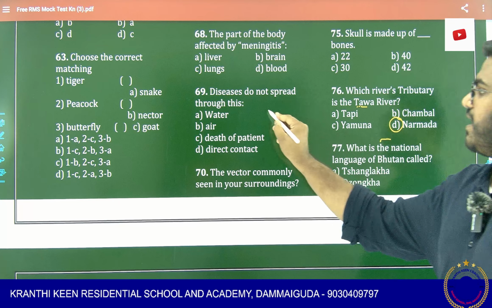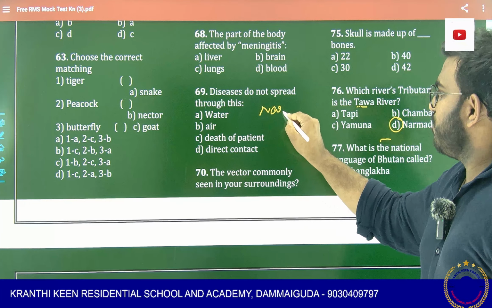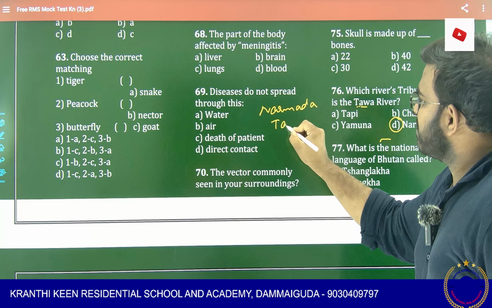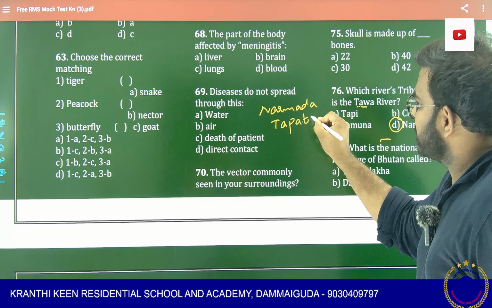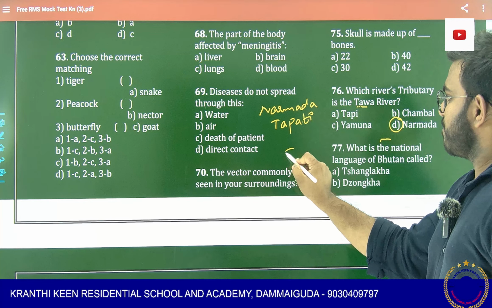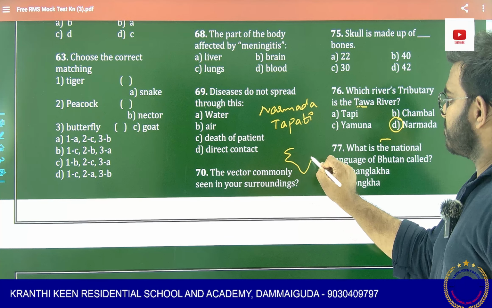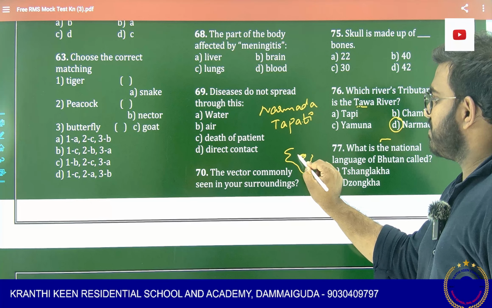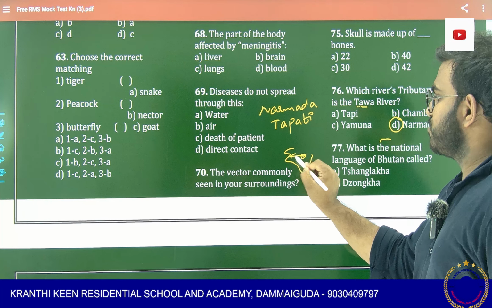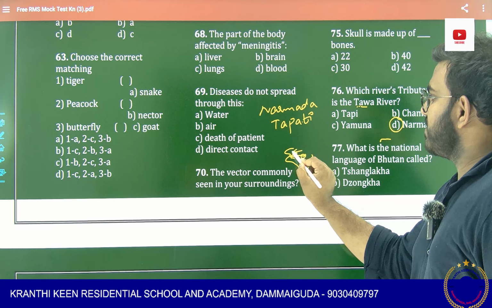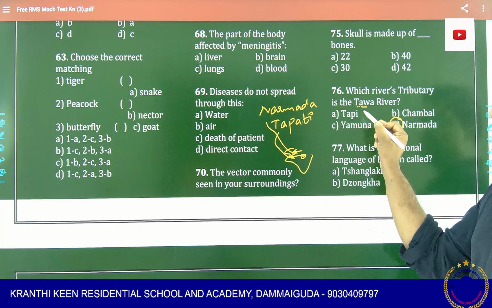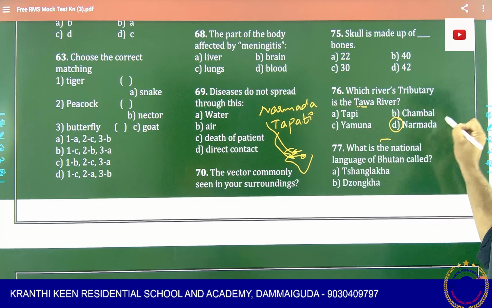Narmada and Tapati are west-flowing rivers. They start from Madhya Pradesh and flow to Gujarat. So the Kaiva River is a tributary of the Narmada.